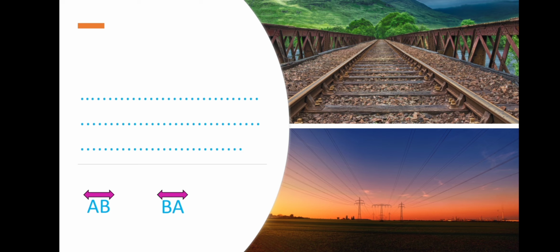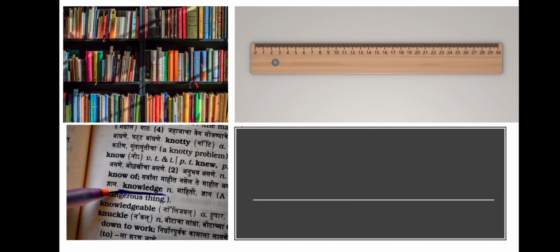Go to the next one. Here some books and a ruler are there. Some persons underline the word knowledge. If you take one book, observe that book. The book has two end points. Then take a ruler. It starts from 0 to 30 centimeters.